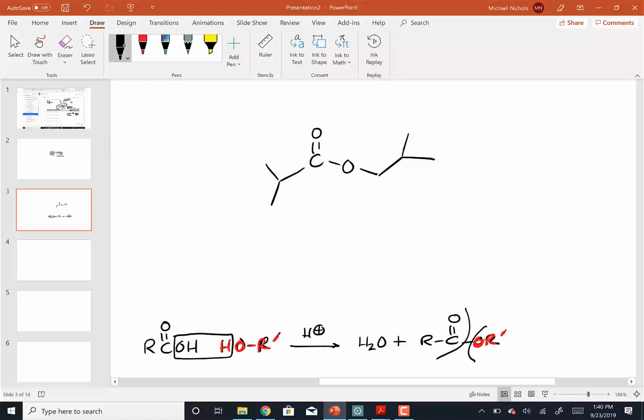Because when we name an ester, we're first of all going to name the alcohol part. Not the alcohol part itself, but the alkyl group that was attached to the alcohol that I used to make the ester. So in other words, this group, that alkyl group's name comes first in the name, because that was the alkyl group attached to the alcohol part of an ester. So that group would be what kind of alkyl group?